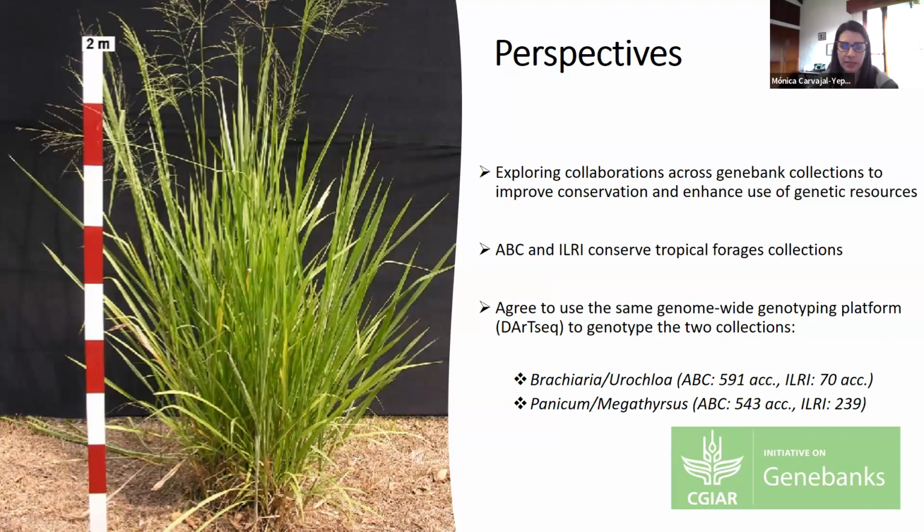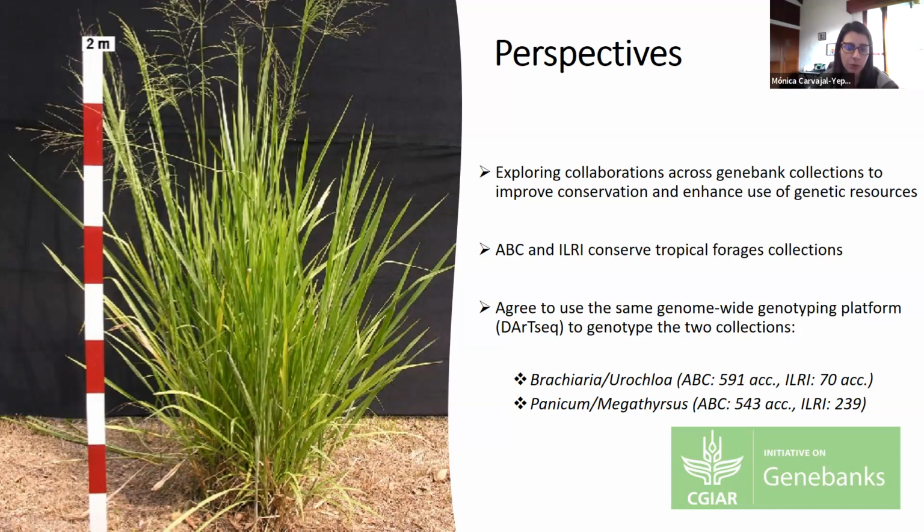I think it's also important to have perspective on how this work can help us in the collaboration with other gene banks. We think that this is the way to start exploring the collections. We have been in contact with ILRI, which also conserves tropical forages as we do.